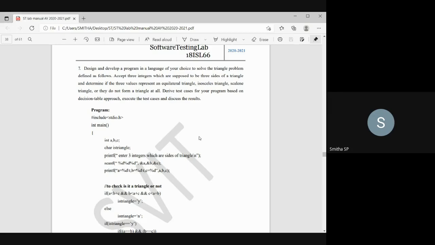Derive the test cases for your program based on the decision table approach. Execute the test cases and discuss the results.